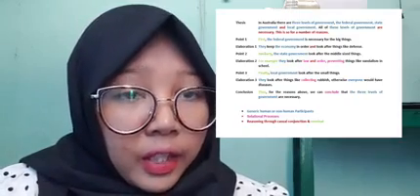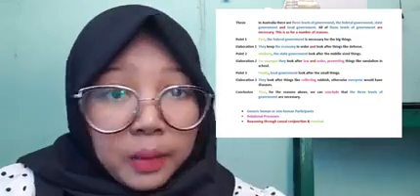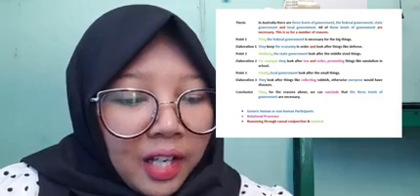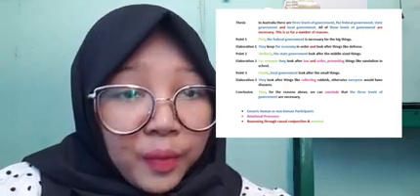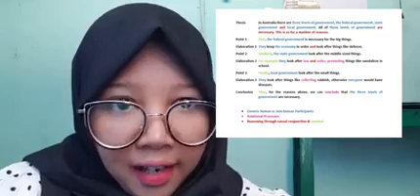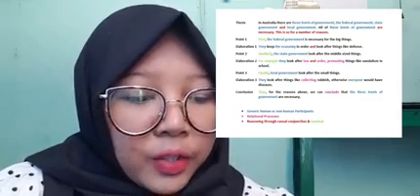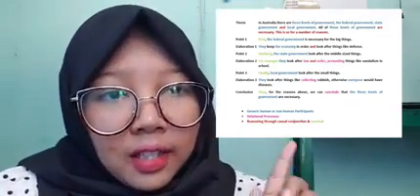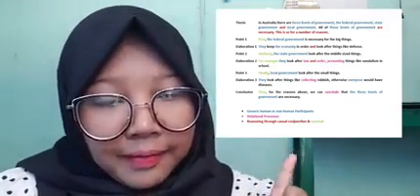So I put the blue color for generic human or non-human participant, you can see here, and pink for relational process, and red for reasoning through causal conjunction and nominalization. You can see the color here.